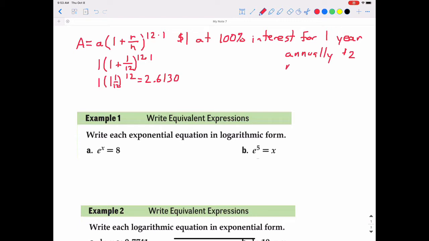So doing it monthly, it would be worth about $2.6130. And we can continue to do this for as many times per year as we want. We could do it weekly, and your answer would be 2.6930.